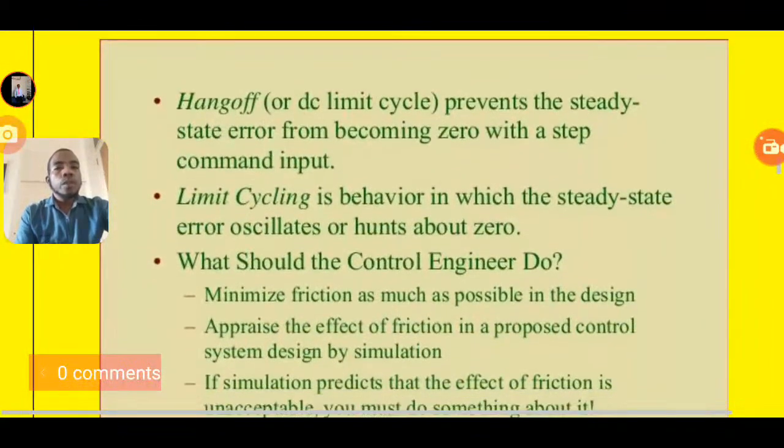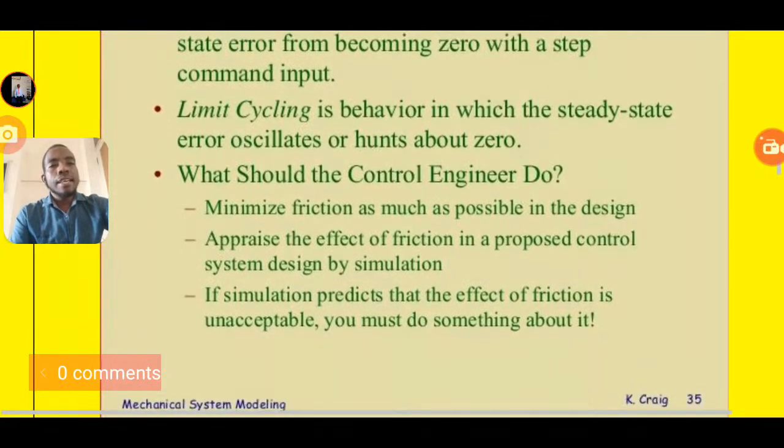Hang-off is nothing but a DC limit cycle, where DC means direct current. It prevents the steady state error from becoming zero with the step command input. Limit cycling is a behavior in which the steady state error oscillates or hunts about zero.